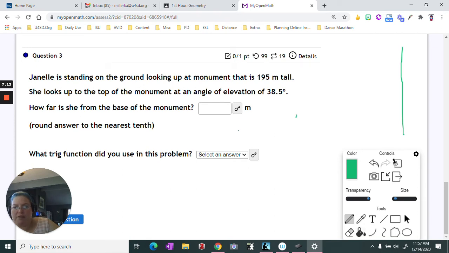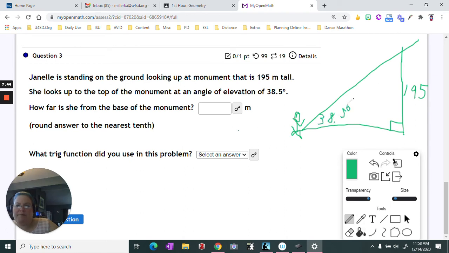Okay, so here she is. Again, excuse my art or lack thereof. All right, so the monument is 195 feet tall, or meters, I mean. And the angle of elevation, the angle at which she looks up, is 38.5 degrees.